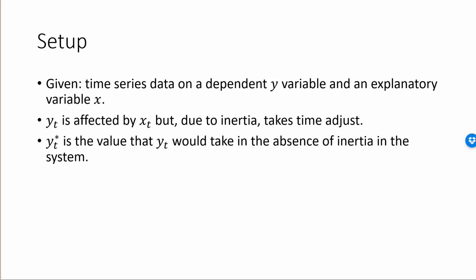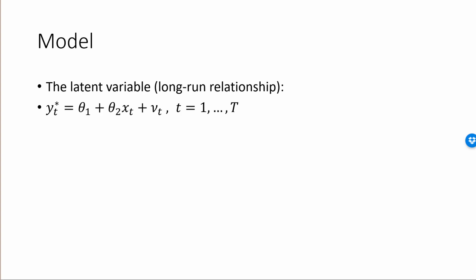So here is a simple example of an error correction model. We model the latent variable yt star as a linear regression model depending on this xt, and we have the nu-t, the error process. We think about this as the long-run relationship. And the idea here is that if there's a change in x, y will change.